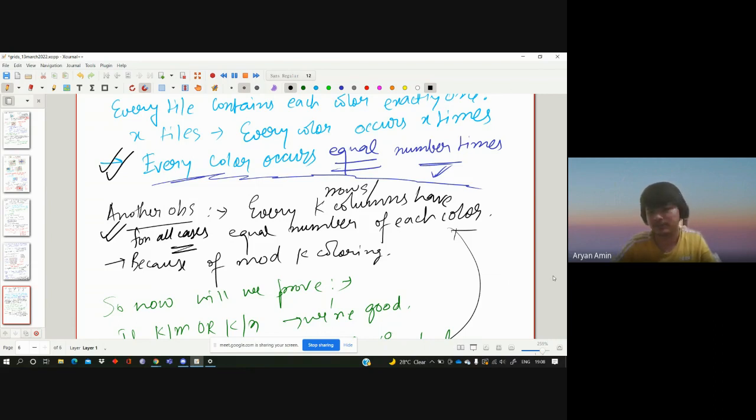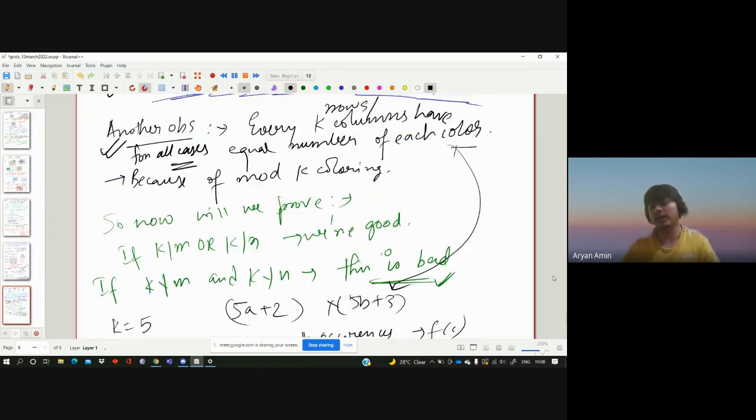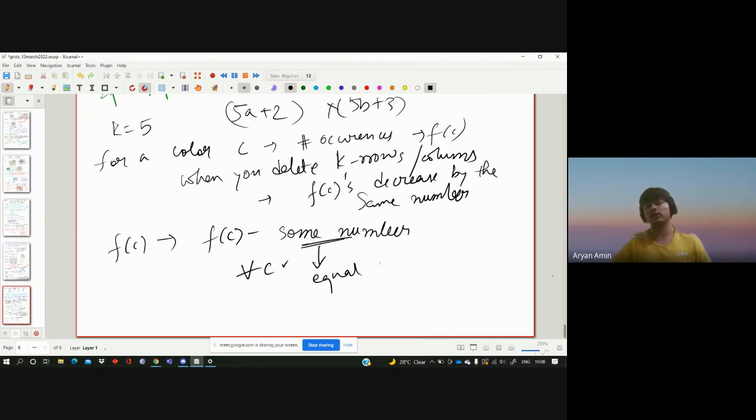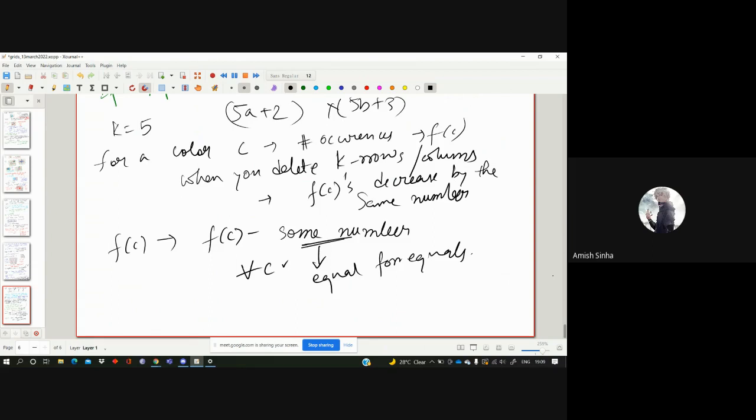So fc becomes fc minus some number, depending on whether you are deleting a row or a column, and this is equal for all colors. So what I'm trying to say is, if the tiling condition were true initially, it should be true even after you delete k columns or k rows. Does that make sense? Yes.